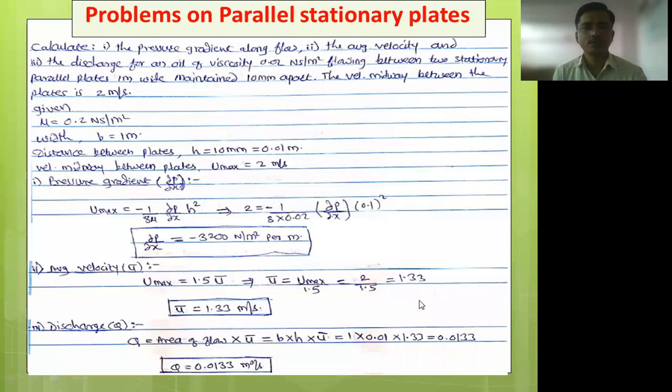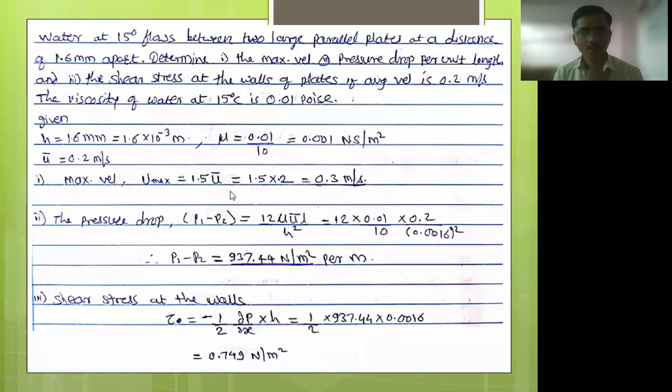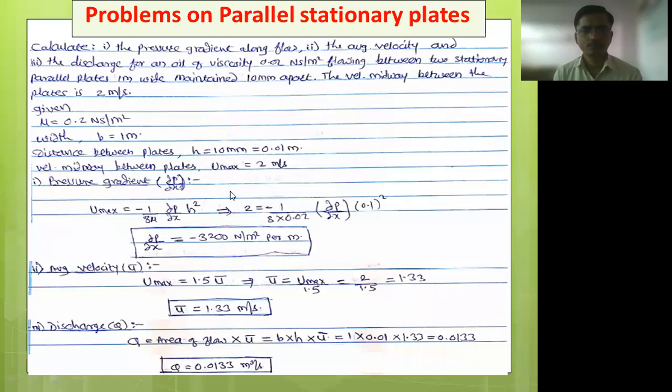So first of all we will write down the given things. mu is equal to 0.02 Newton second per meter square.